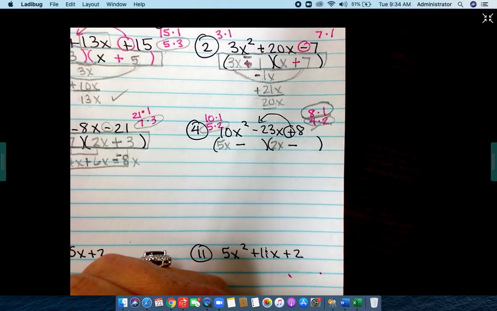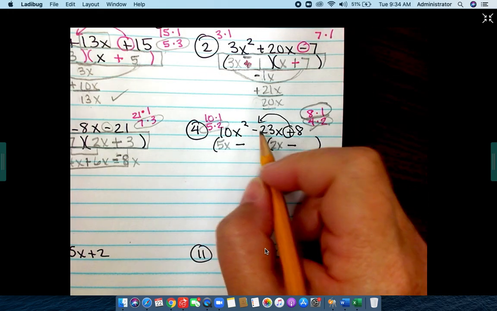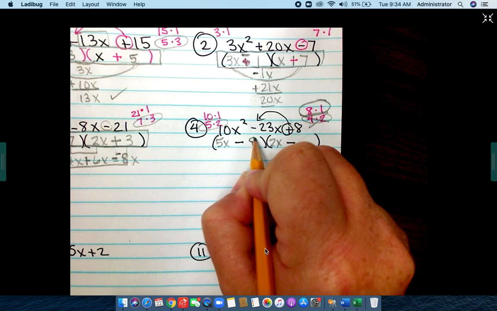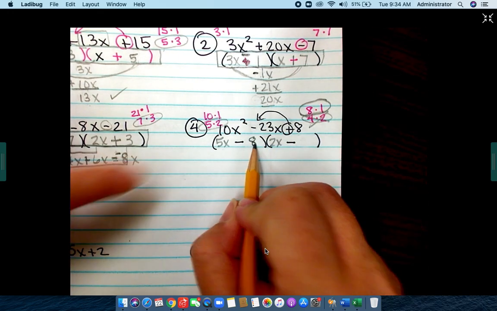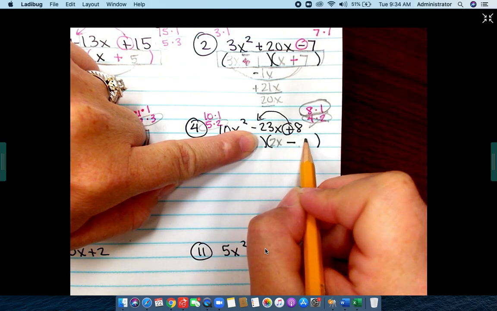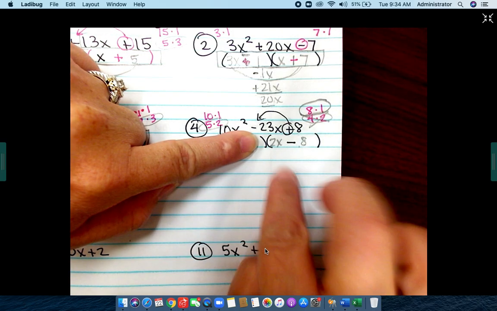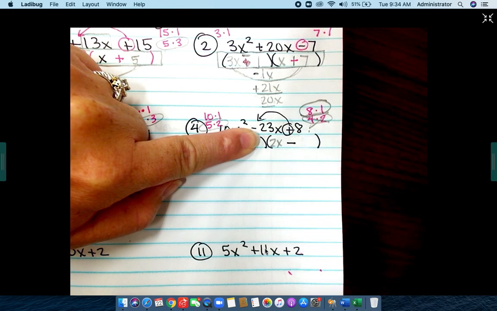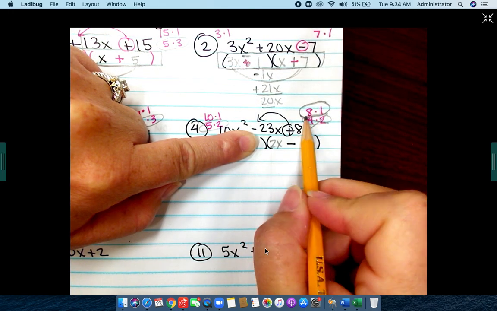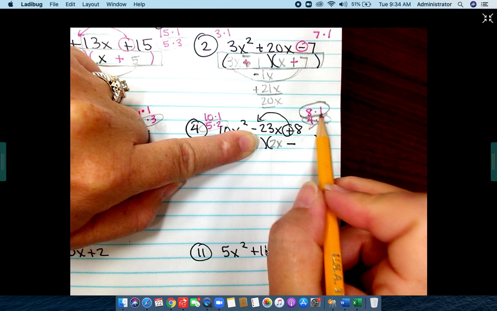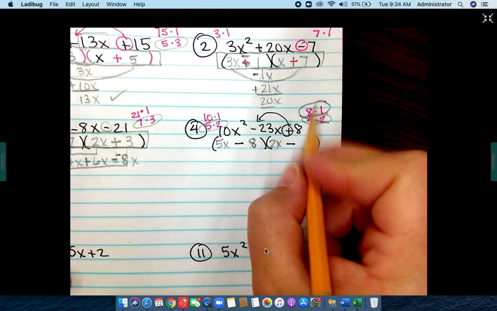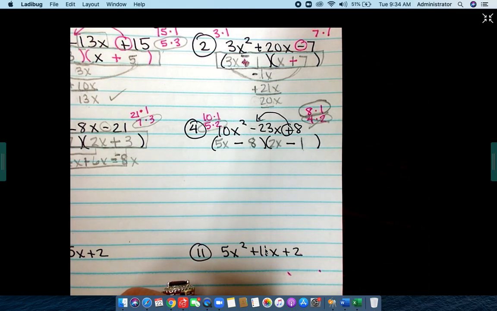So I'm going to plug in 8 and 1. So if I do my 8 here, now why would I not put the 8 here? If I put the 8 here, I would have a GCF. So as long as 1 is odd and the other is even, we should be good. So I'm going to put the 8 over here and the 1 here and see if it works out.